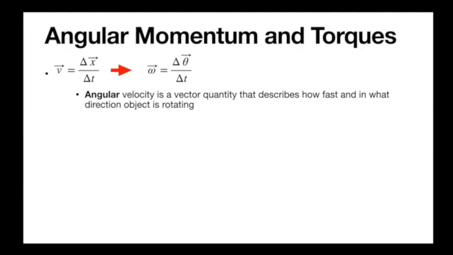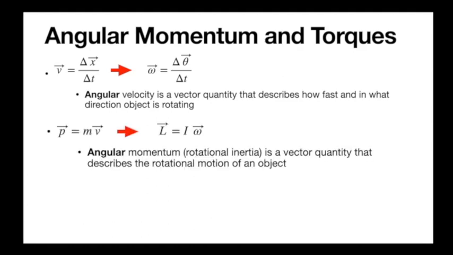We'll talk about how to describe the direction and everything later, but at the end of the day, we have a magnitude, how fast, and a direction, because things can rotate in different directions, right? I can spin this chair like this, or if I wanted to, rotate it end over end, right? I can do anything I want. And I need a way to describe those different directions of rotation. So we want it to be a vector.